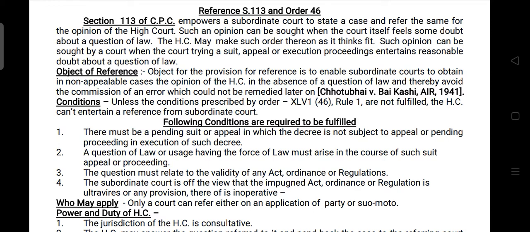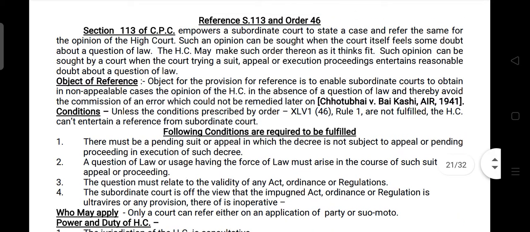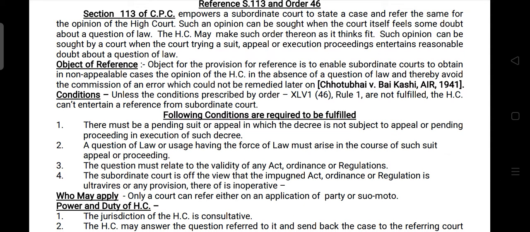It empowers a subordinate court to state a case and refer the same for the opinion of the High Court, and such an opinion can be sought when the court itself feels some doubt about a question of law involved in that case.